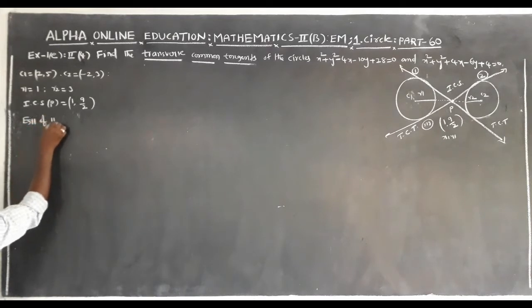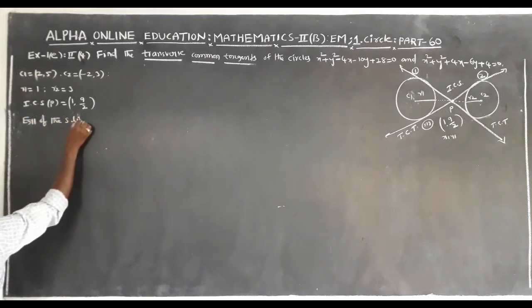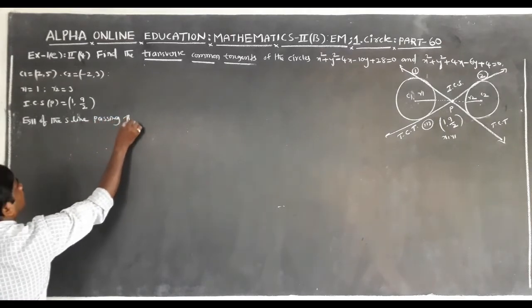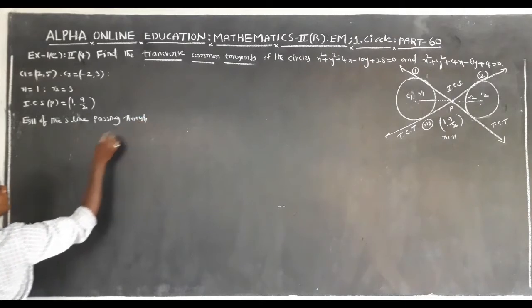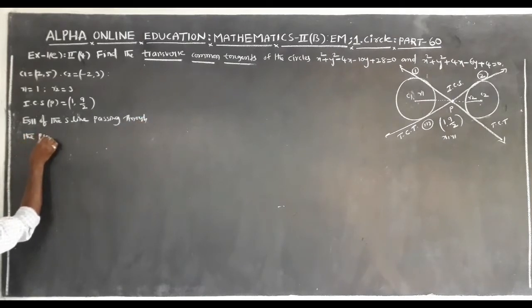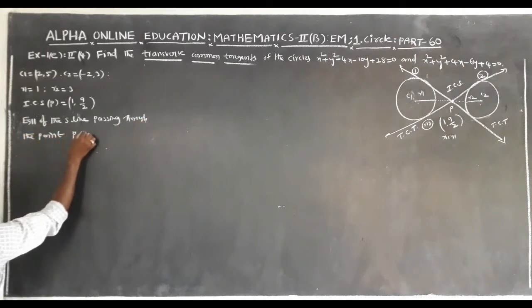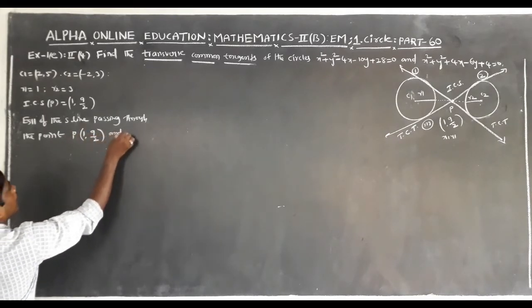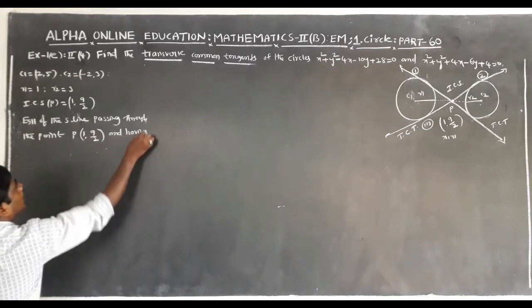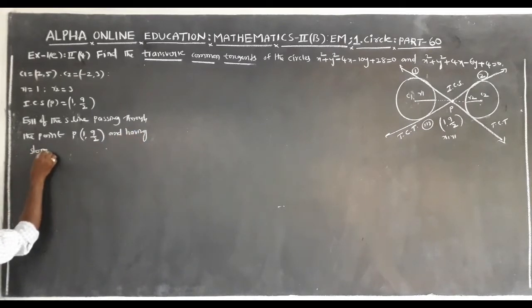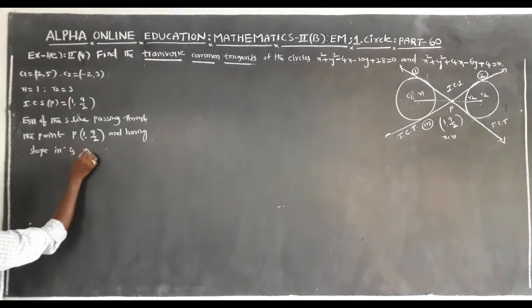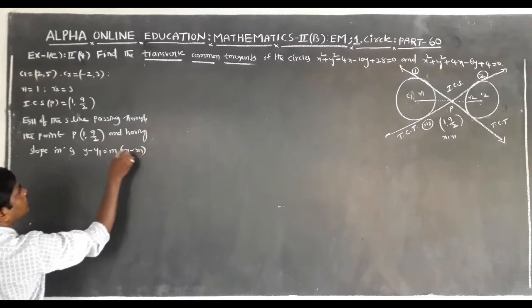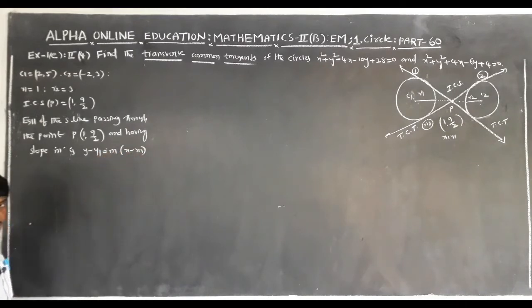The equation of the straight line passing through the point P (1, 9/2) and having slope m is y minus y1 is equal to m into (x minus x1).